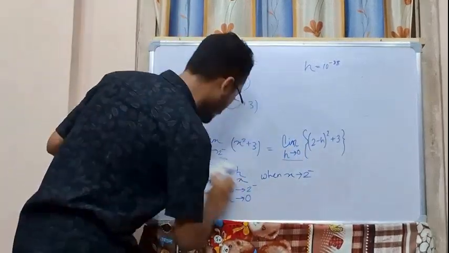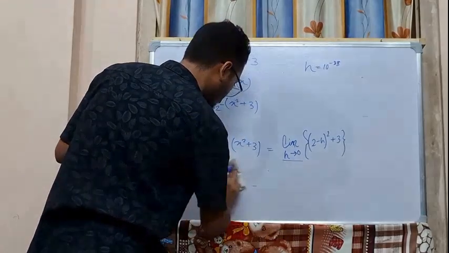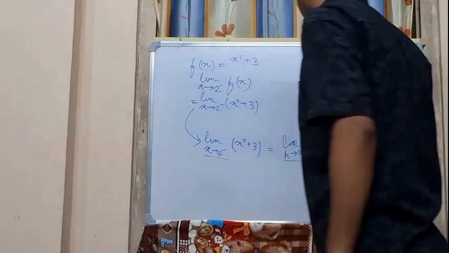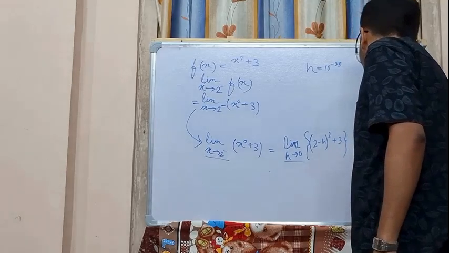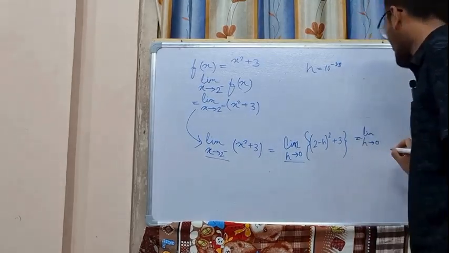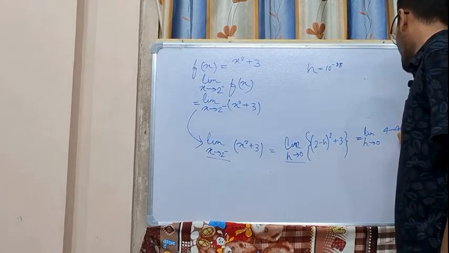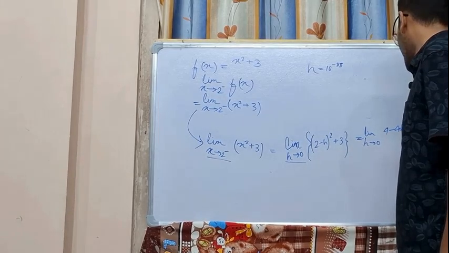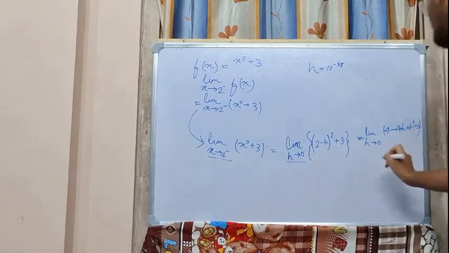Okay. So let's solve this. What will be the value of this? Limit h tends to 0, 4 minus 4h plus h square plus 3. What will be this?